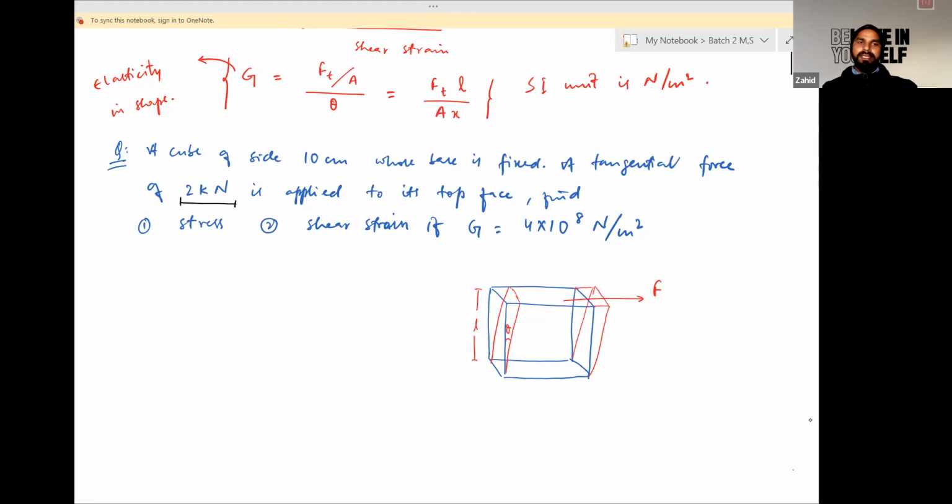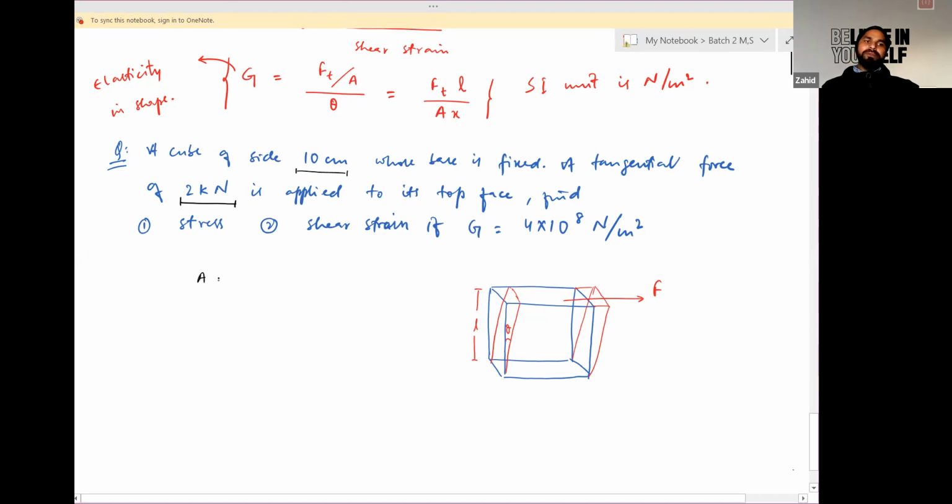Asma, you have done a little mistake. We have side of cube as 10 centimeter, which is not in SI unit.